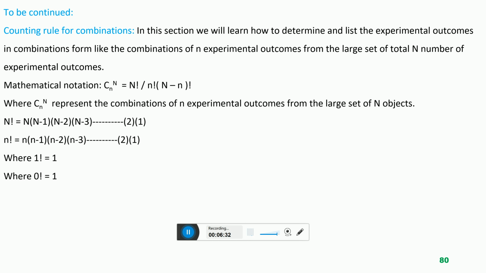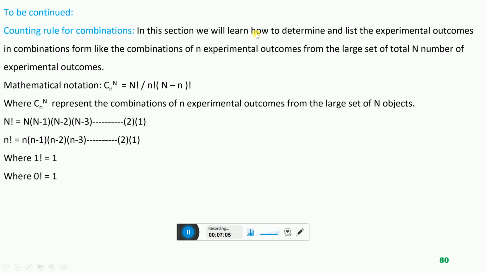Each outcome will be in the group of items form. More than one outcome will be included in one experimental outcome. That is why we call it combination of outcomes. It means we will determine the small n number of outcomes from a large set of n objects.